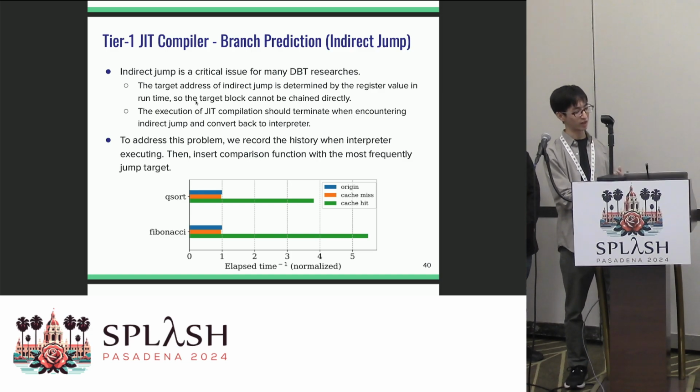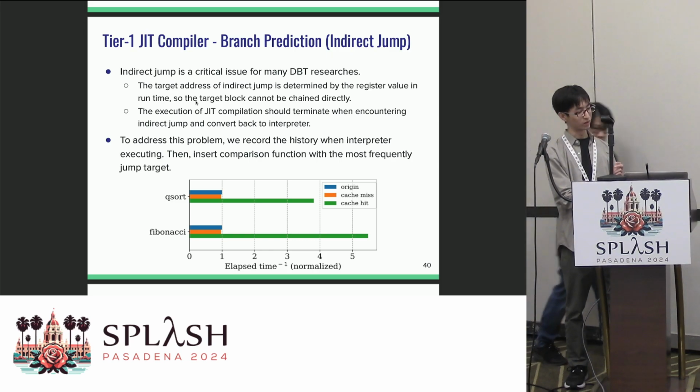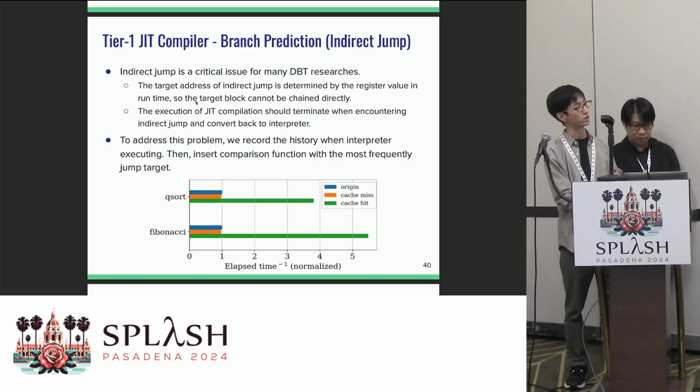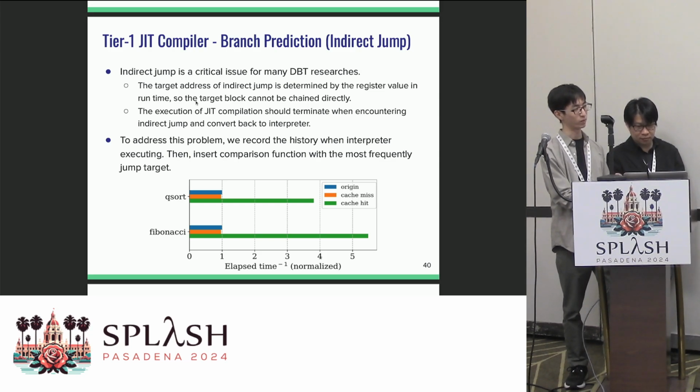In many dynamic binary translation systems, the target address of the indirect jump is determined by the register value at runtime, so we cannot do the block chaining before the program is actually executed.